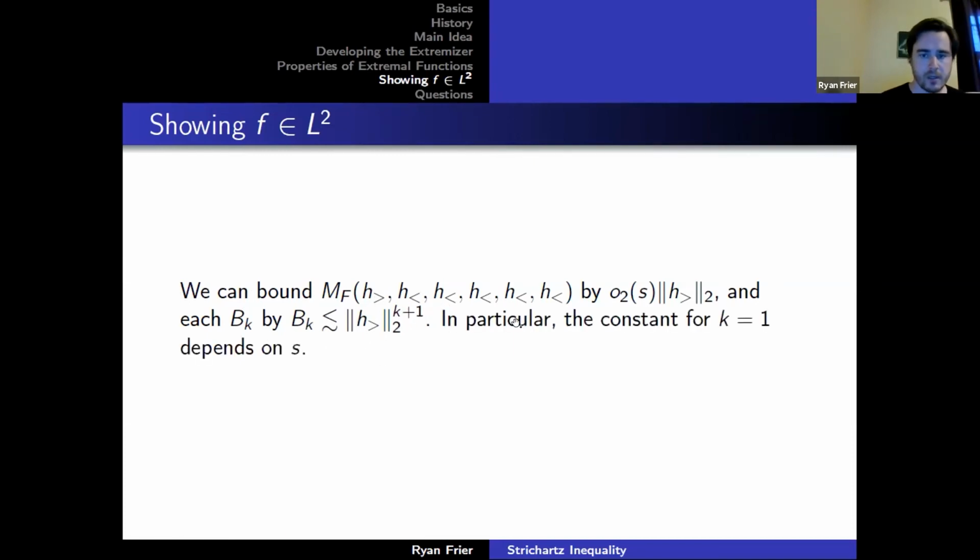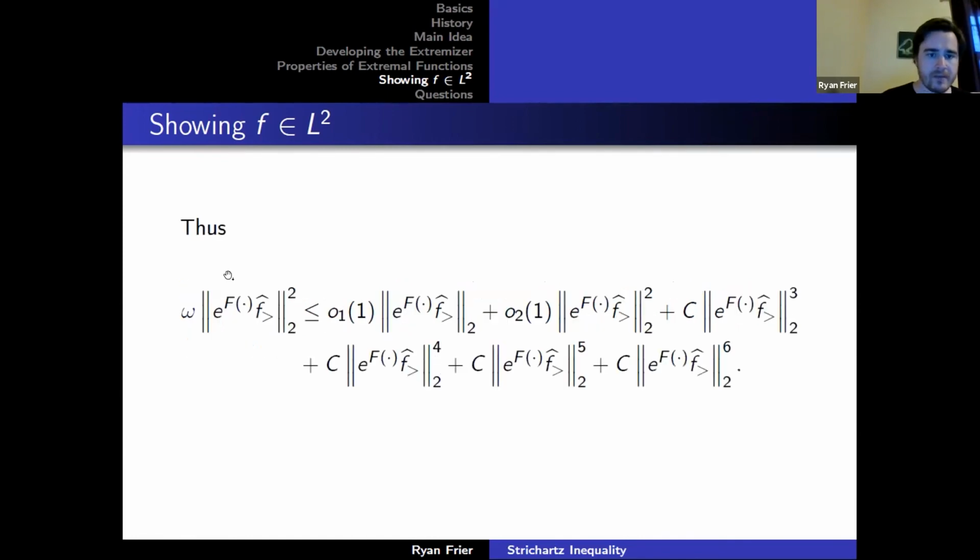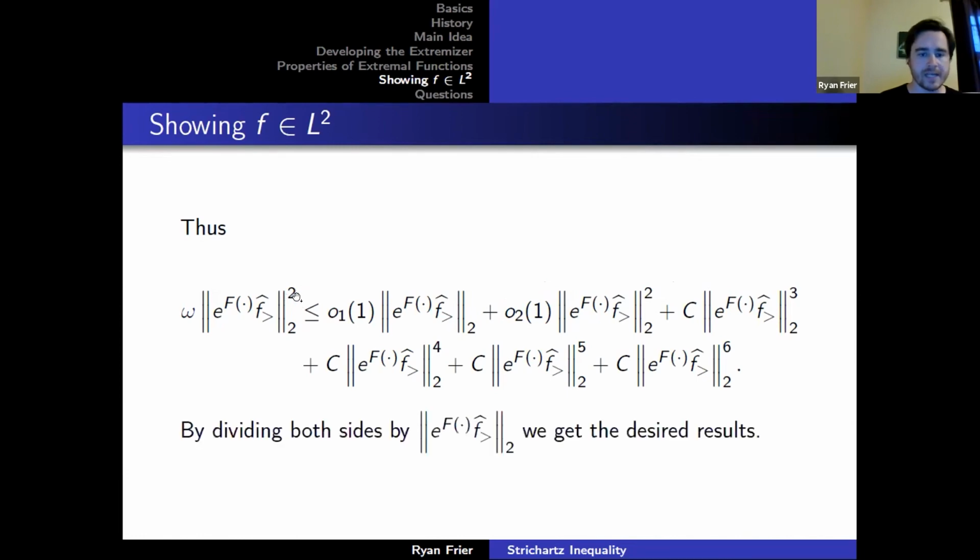Specifically, when k is equal to 1, this constant is going to depend only on s. That means this is going to be bounded above by this 6th degree polynomial. Now, if I divide out by one of these terms, I get the desired result.